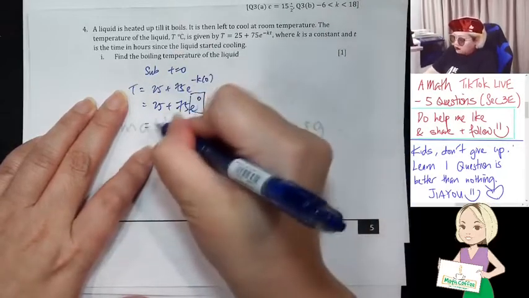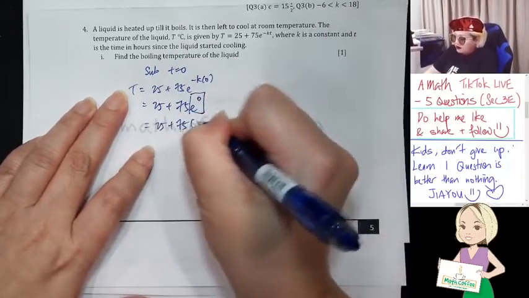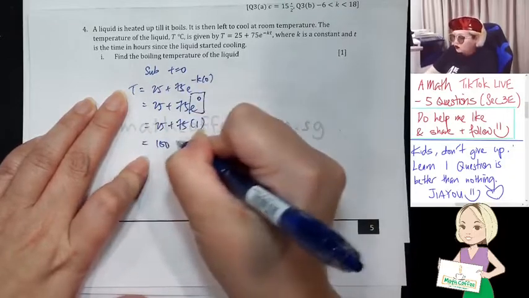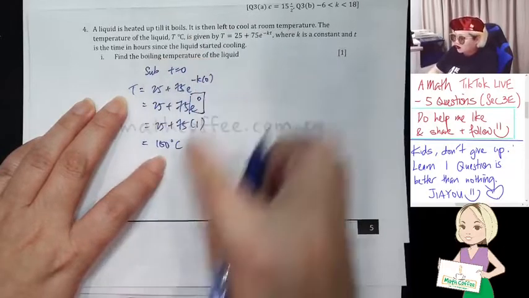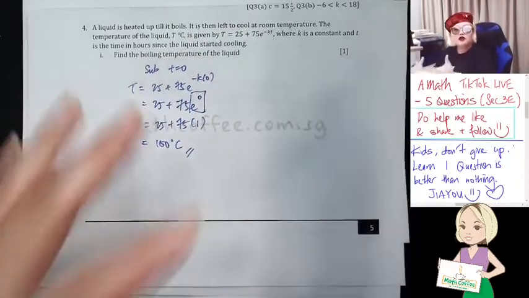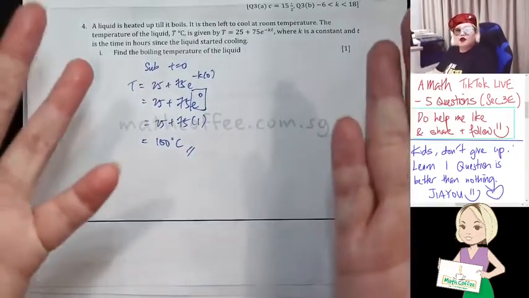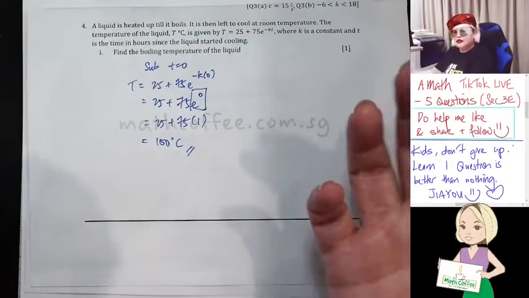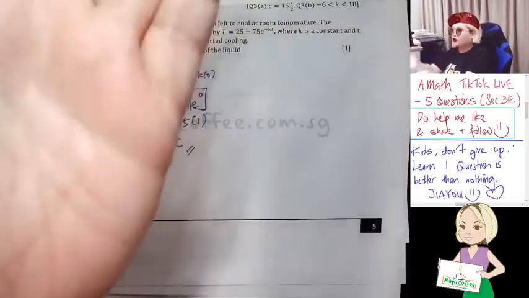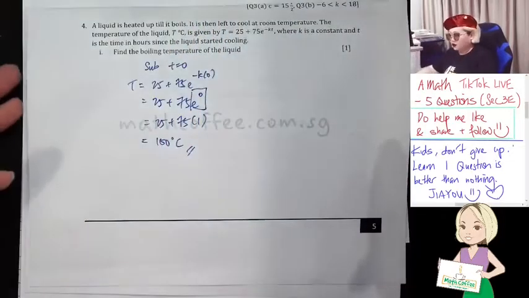So it becomes 25 plus 75 times 1, which is 100. And look at the unit, it is degrees Celsius. So the boiling temperature is 100 degrees Celsius. It means your liquid started from 100 degrees Celsius. Understand? Then it is left at room temperature to cool down. So that is what it means.